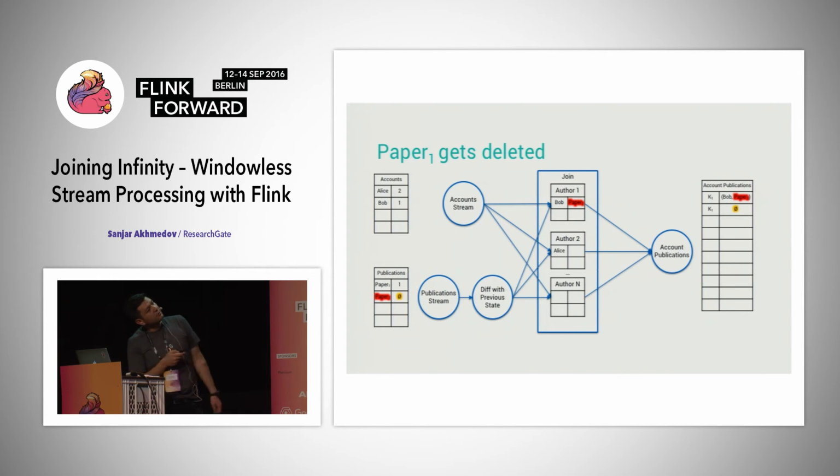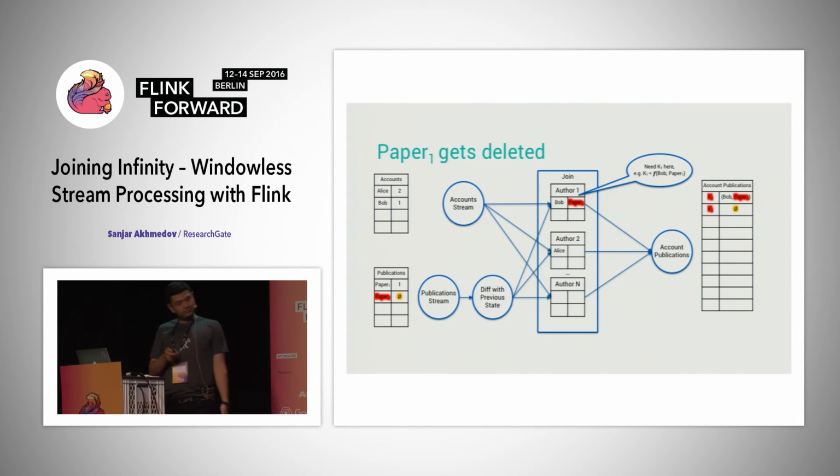Key 1 is deleted. But let's say we routed the delete to author 1. Now we have to issue the delete for key 1. And how in the task node can I know the key of the Kafka record in the output? The obvious choice here is to use natural IDs.